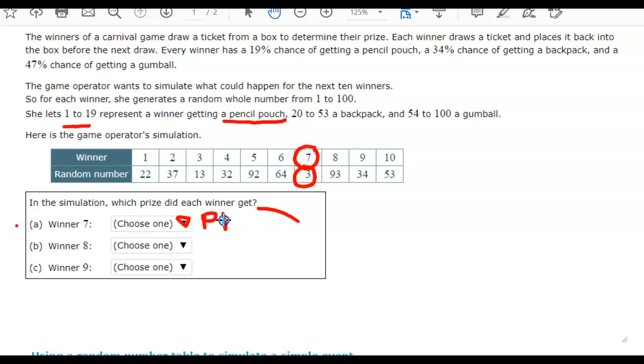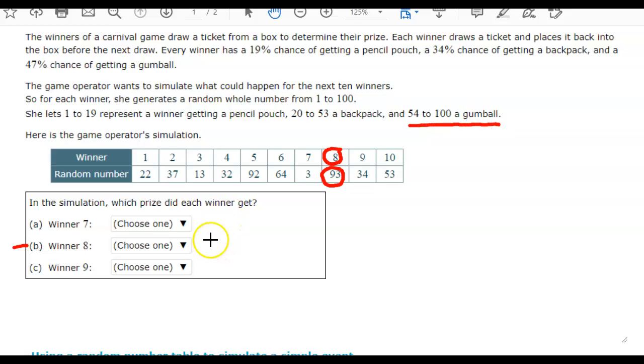Okay, I will just say PP for that. All right, let's see what winner number 8 is. We actually just did number 8 by chance. Okay, so winner number 8, they pulled a 93, and if you pull a 93, you're going to get a gumball. So I will say GB for gumball there.